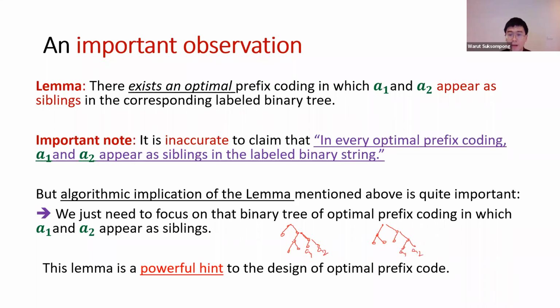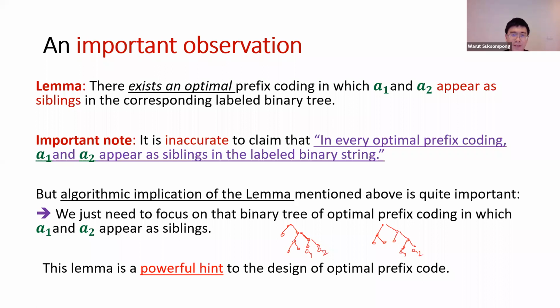Both of these trees are consistent with the assumption that A1 and A2 are siblings, and they're at the deepest level of the tree. So both of these trees are consistent with what we've said so far. But maybe not both of them are optimal. Maybe only one of them is optimal. So we have to continue and see which of these two trees is better based on the remaining frequencies.